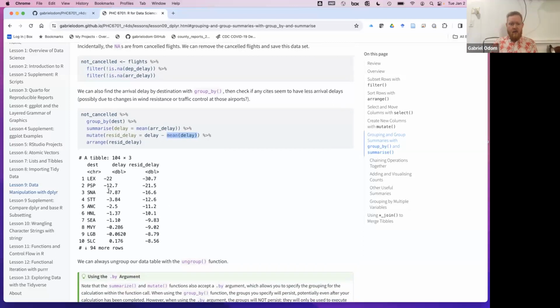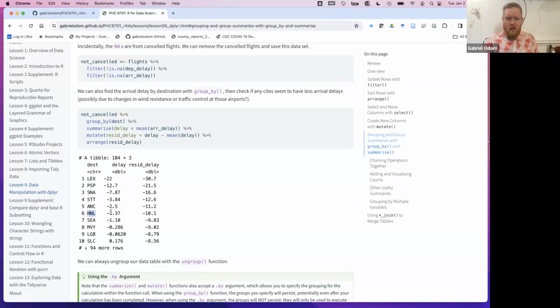And so we have that whatever LEX, maybe this is, I have no idea what airport this is. So whatever airport this is, LEX, PSP, I don't know where. I guess this is Anchorage, I suppose, and there's Honolulu.